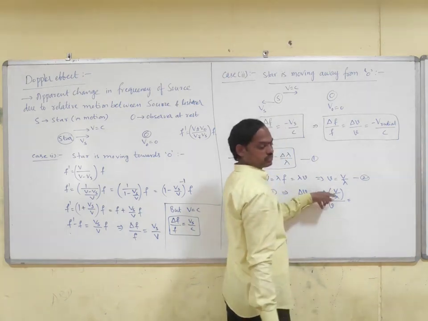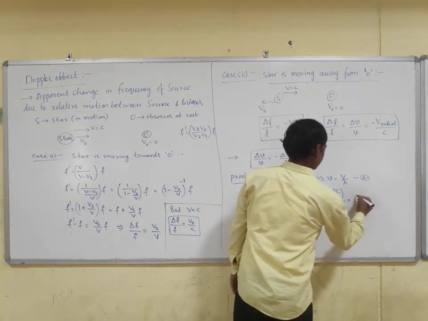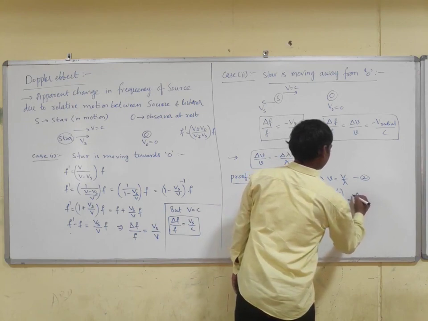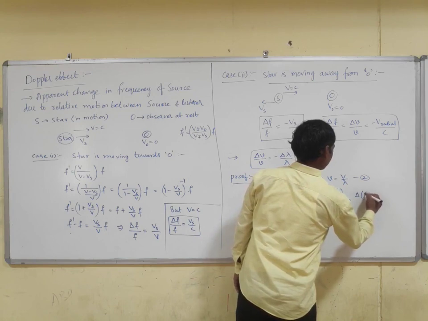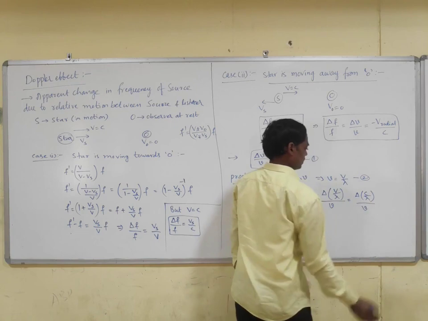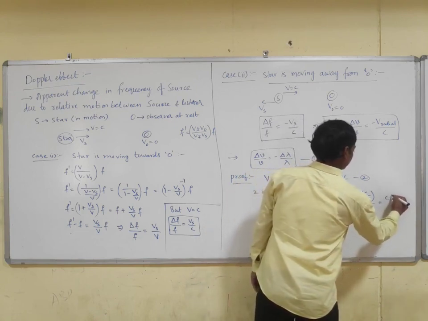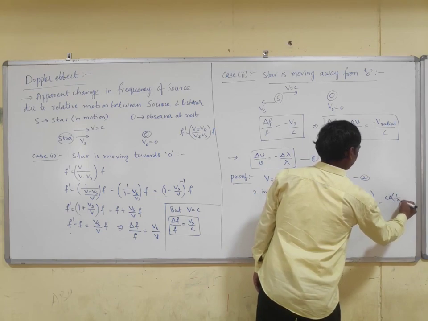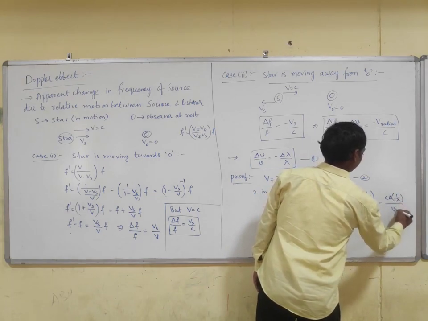V is a constant, V is equal to c, so it becomes delta of c by lambda, by nu. C is common, so it is c into delta of 1 by lambda, by nu.